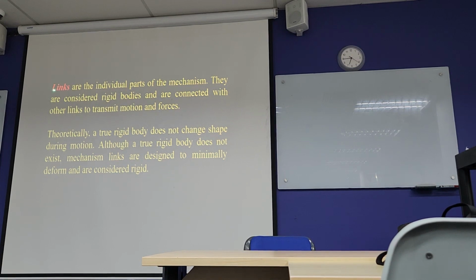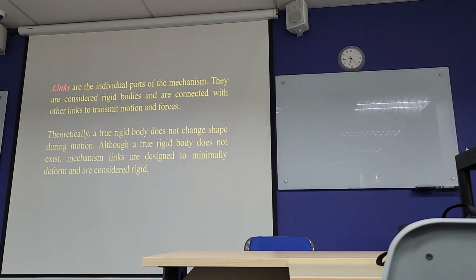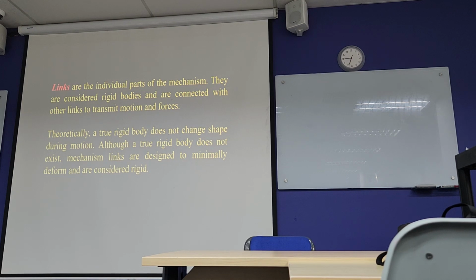So the first part is that the mechanism will have links. What are links? These are connected with other links to transmit motion and forces. For example, take a simple slider-crank mechanism. You have a crank which rotates, and then it is connected to a piston with a connecting rod.